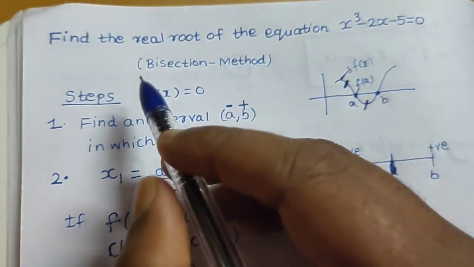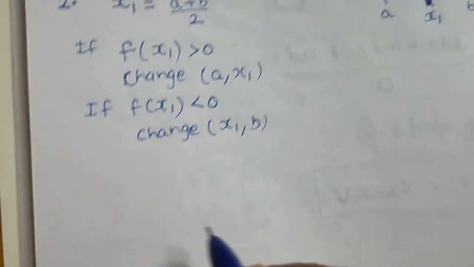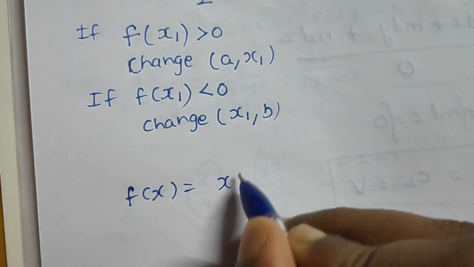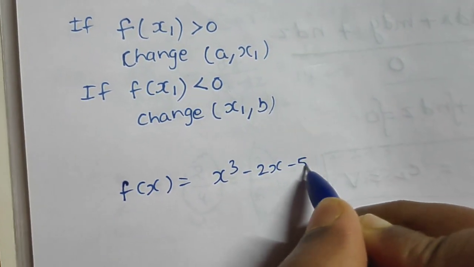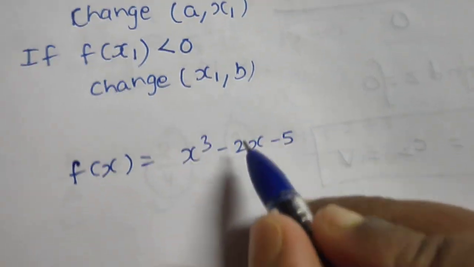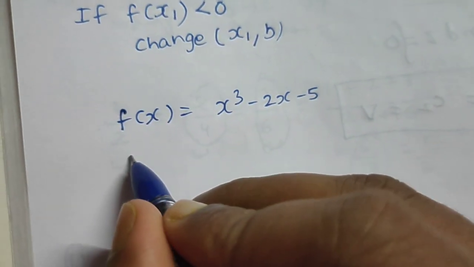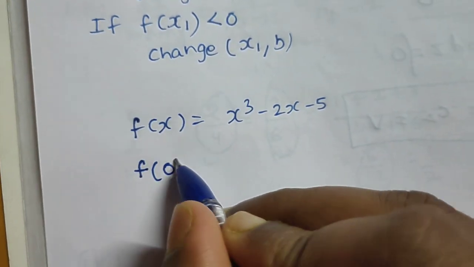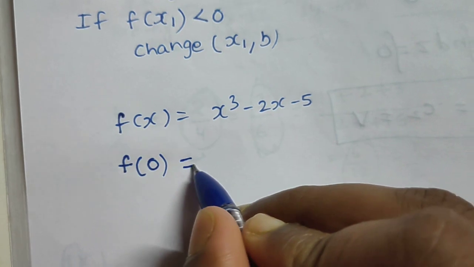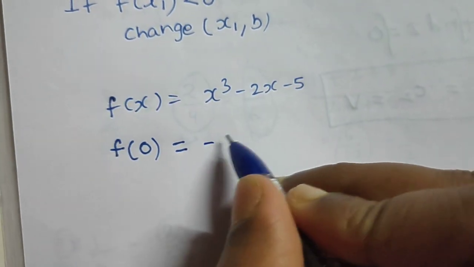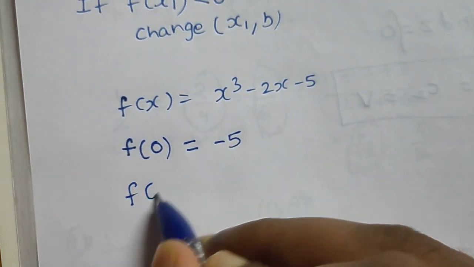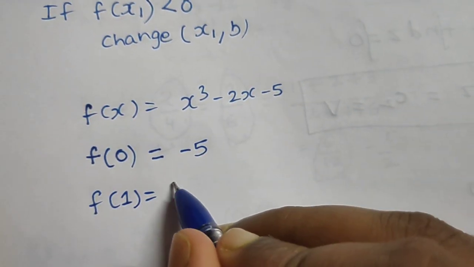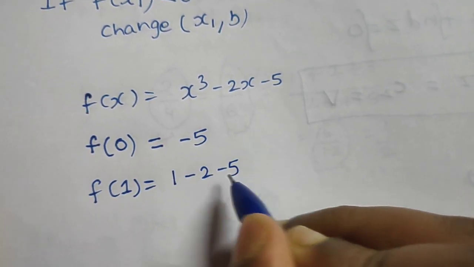That will be clear with the help of this problem. So let's come to this problem. Find the real root of this. So if I say f(x) in this case is x³ minus 2x minus 5. Now I will have to check for values. So if I check the value at 0, it is coming out to be minus 5. If I check the value at 1, it is coming out to be 1 minus 2 minus 5.